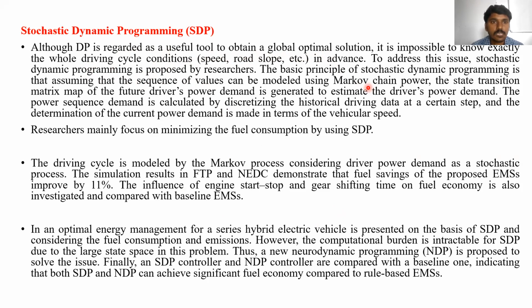Okay, this driving cycle condition depends upon the speed of the vehicle, and the road condition of the vehicle. Clear? So in urban areas, in cities, we can obtain one driving cycle. In the case of highways, we can obtain a different driving cycle. So to address this issue, stochastic dynamic programming is proposed by the researchers.